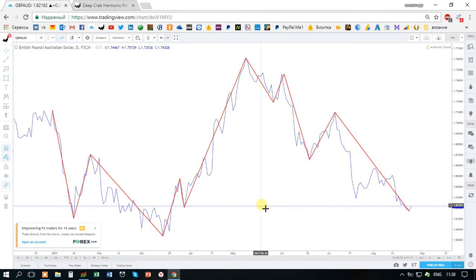I don't know your swing identification technique, but I know my swing identification technique. Guys, there is a big difference in how you identify your patterns and how I identify my patterns. If you don't know my swing identification technique, you will find different patterns. You won't find my patterns, the patterns that I trade.